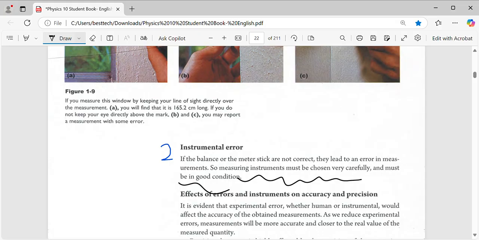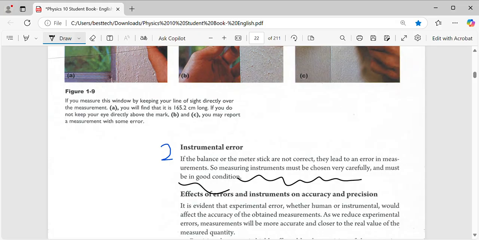So, guys, sometimes the instrument gives the wrong answer even though you are a good teacher and you know how to get the answer, because the instrument has a problem or is broken and cannot give you the correct answer.